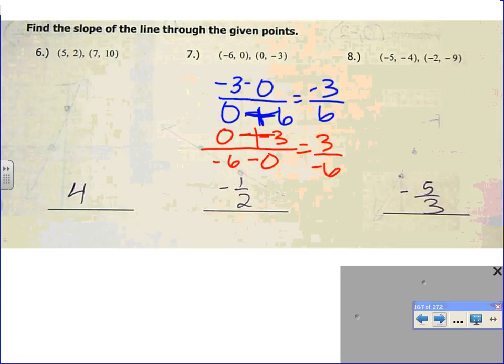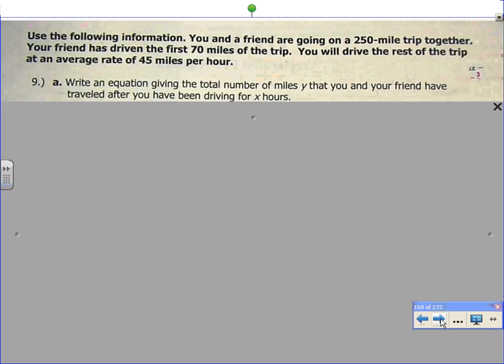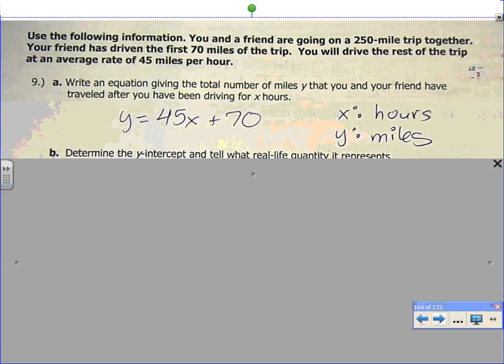No. Okay. These ones are a little harder. You could tell me what their equation was. Josh? 250 minus 70 equals 45x. Okay, you definitely could do that, but whenever you have the total number of miles, just sub in y for 250.